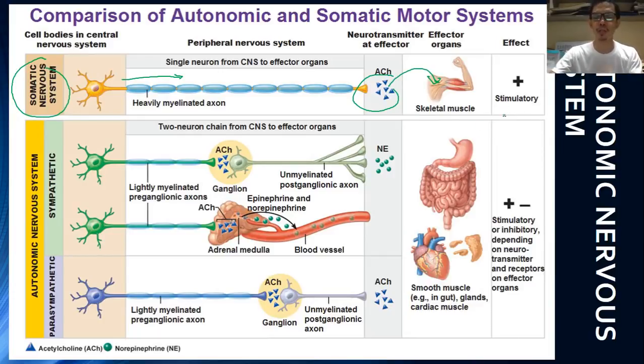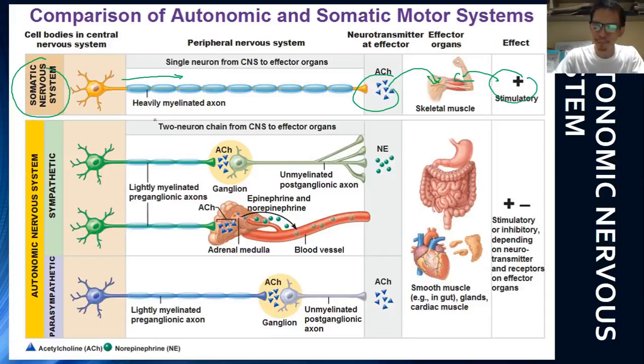The only effect of this neurotransmitter is to stimulate the skeletal muscle in order for you to do different movements. That's the reason why it is called the voluntary part of the nervous system, the somatic nervous system.